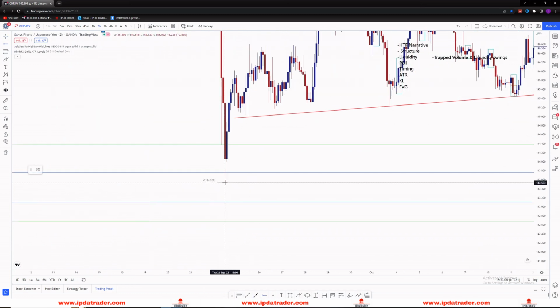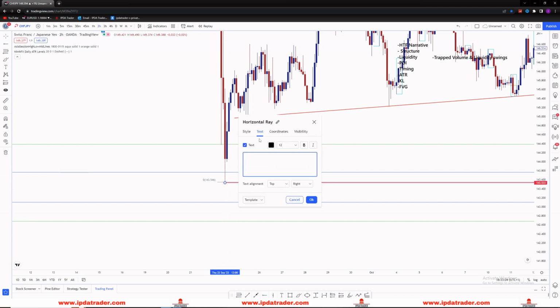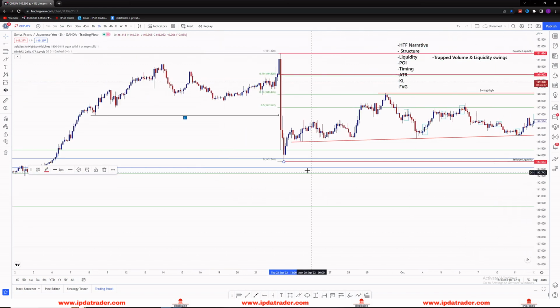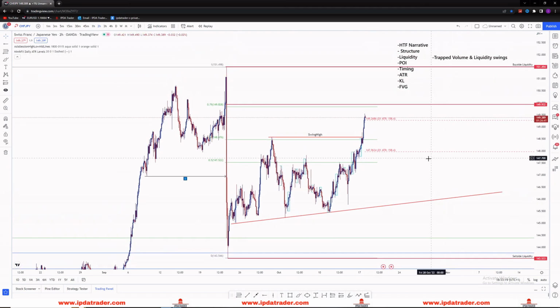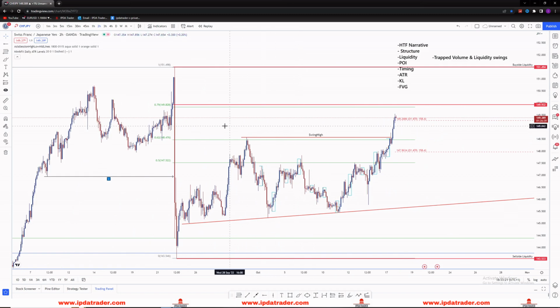So this low is coming in at 143.533. Okay, so there we go. That's correct. And this is sell side liquidity waiting to be captured. Now we have our ranges, we have our narrative, we have a story. We can start with the process of framing POIs, okay? This is rather difficult.